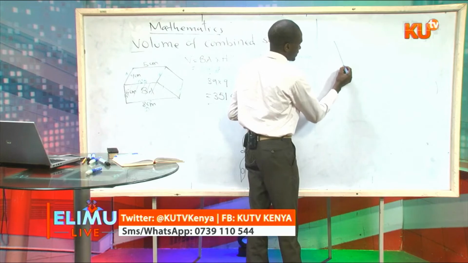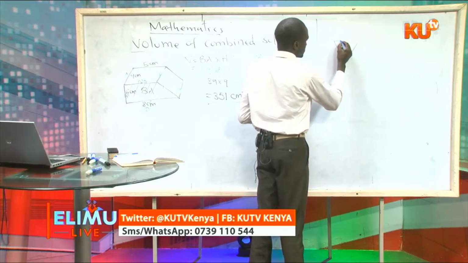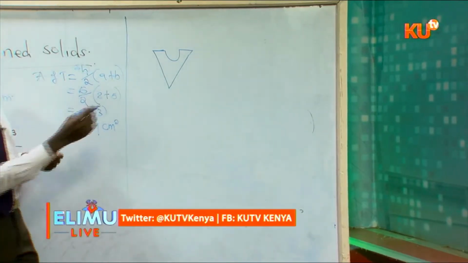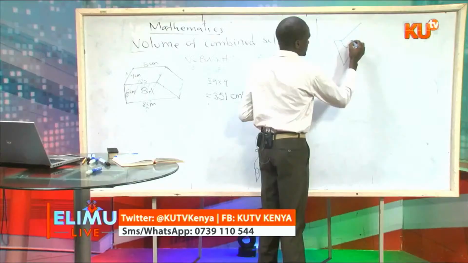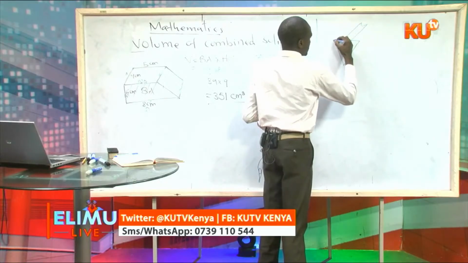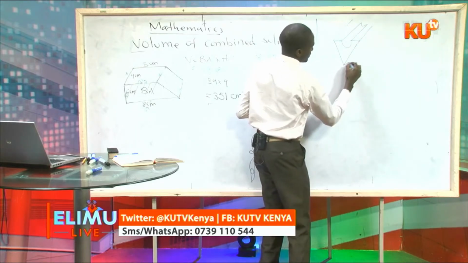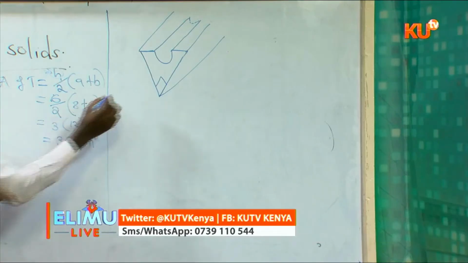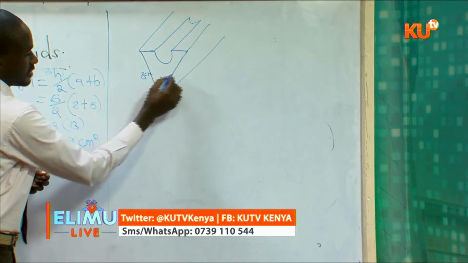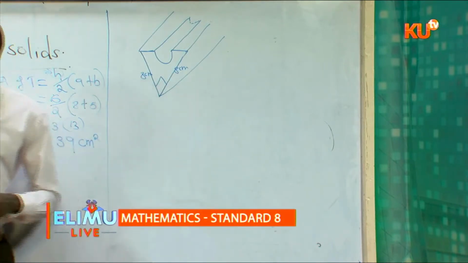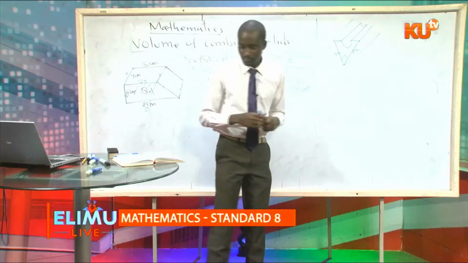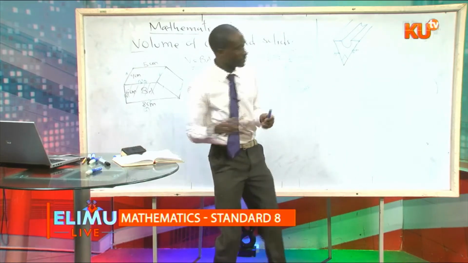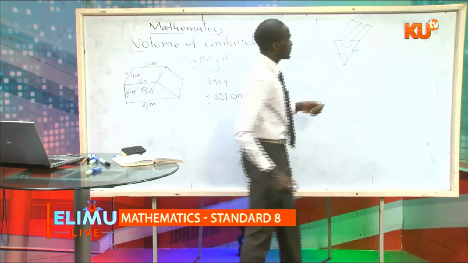Now we have this figure, this one here. Now here is 90. So if this is 8 centimeter, this is 8 centimeter, then let's remove this one because without this it is already complete.